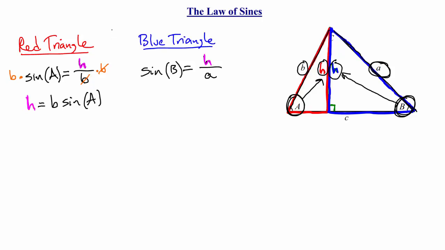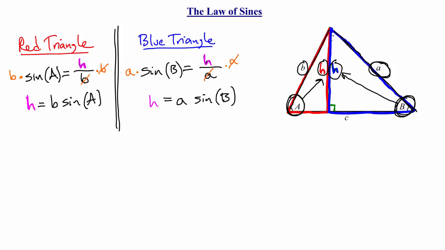And similarly, in the blue triangle, I can solve for h by multiplying both sides by a. If I multiply it by a on the right side, it'll cancel and isolate h. And we see that h equals a sine b.